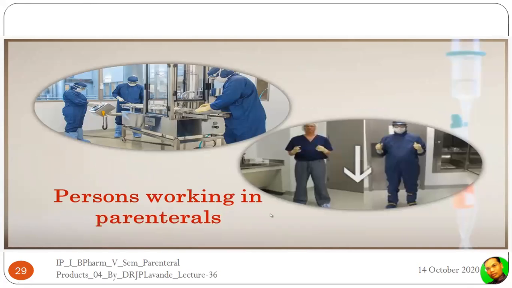So you can see here in this particular diagram, in this picture, the personnel who are going to be working in the parenteral area have been shown. They should wear the gowns, foot covers, mask, goggles, cap, and hand gloves.